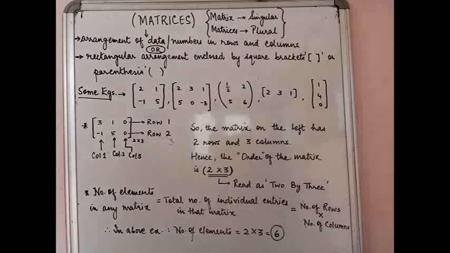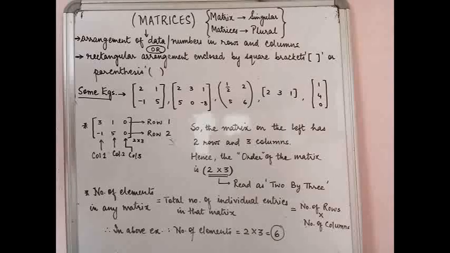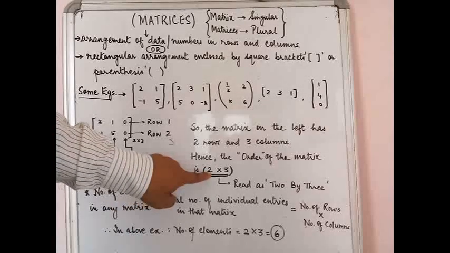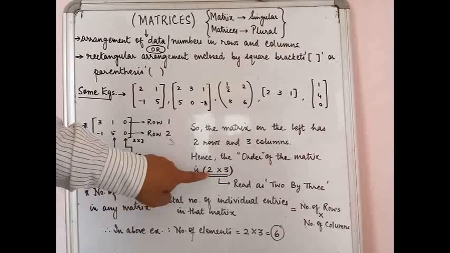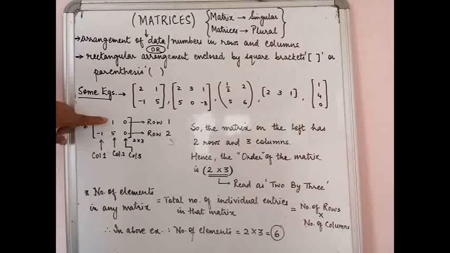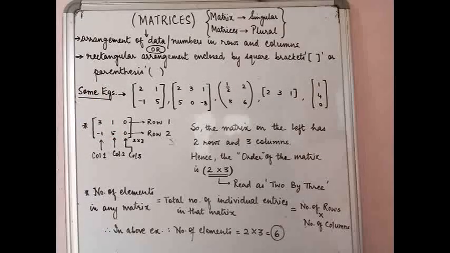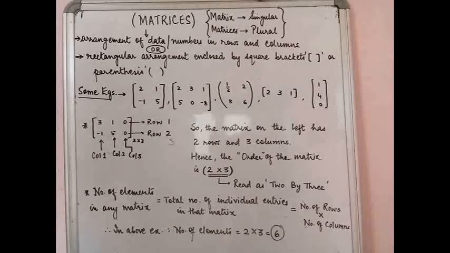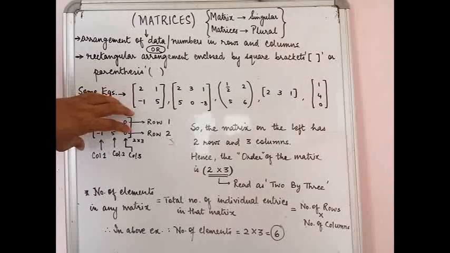The reason why there is a multiplication sign over here is that if you want to determine how many total elements or how many total individual entries are there in a matrix, then you can multiply the number of rows with the number of columns. So 2 multiplied by 3 will give you the number 6. If you count 1, 2, 3, 4, 5, 6, there are 6 individual entries or 6 individual elements present in this particular matrix.